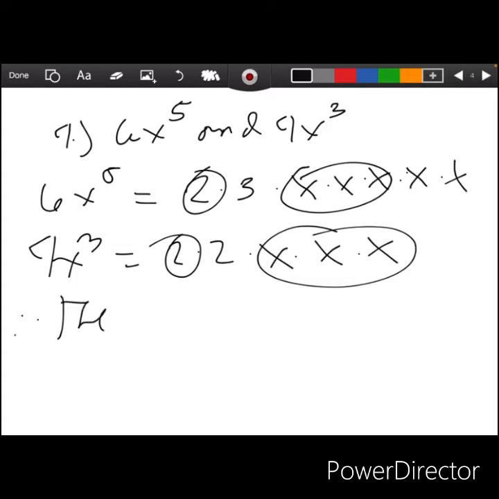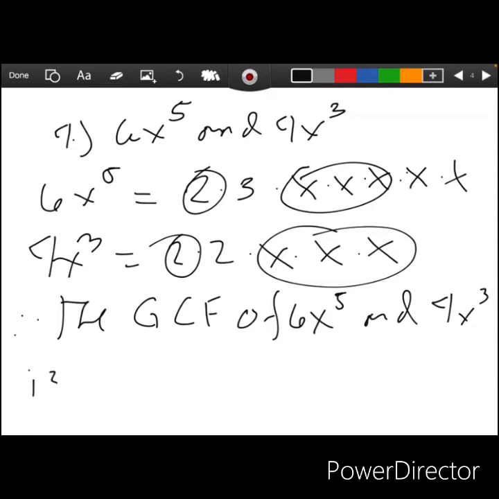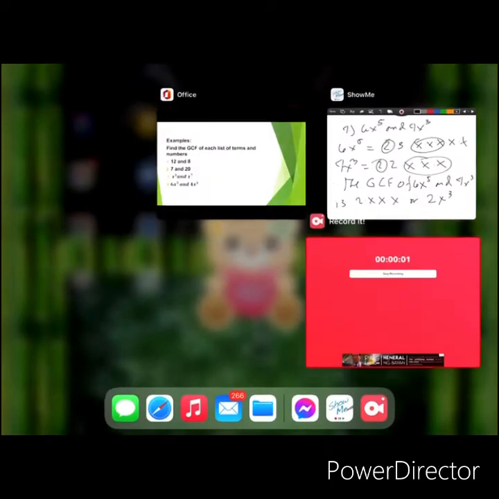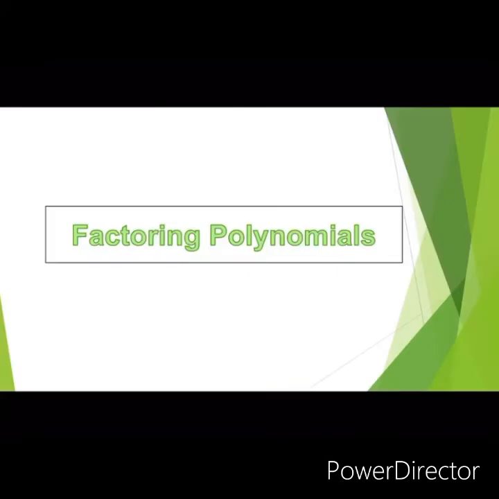Therefore, the GCF of 6x raised to the 5th and 4x cubed is 2 times x times x times x, or 2x cubed. Okay? Now you have an idea on how to find the greatest common factor of the terms.